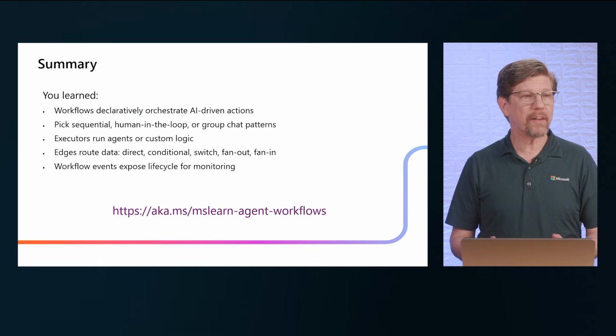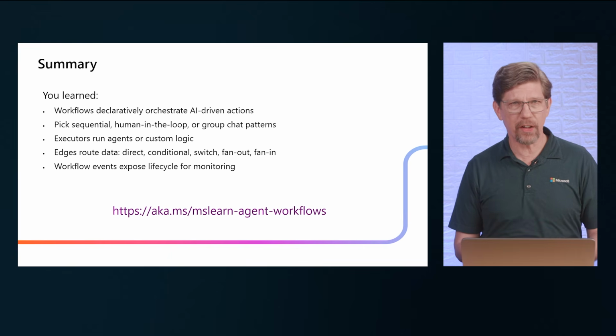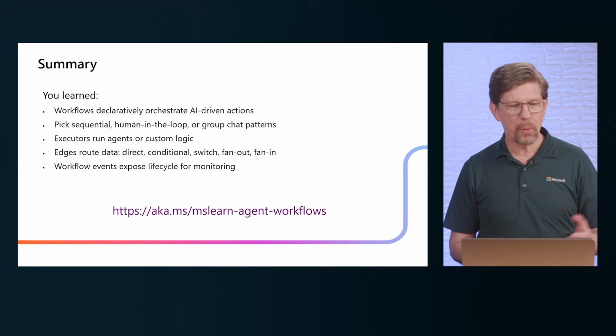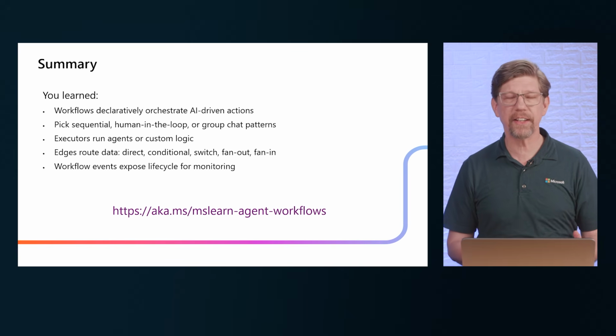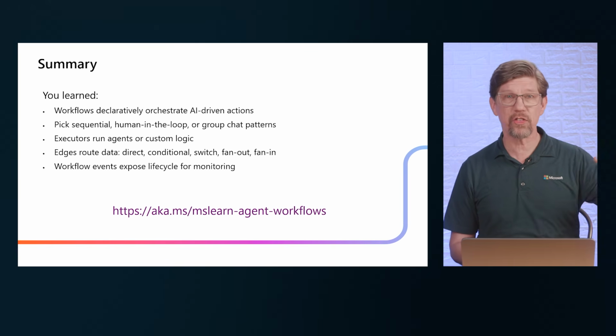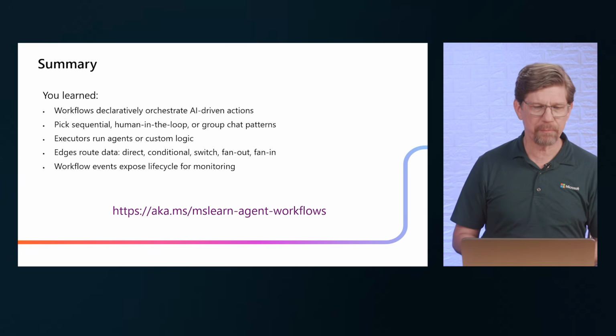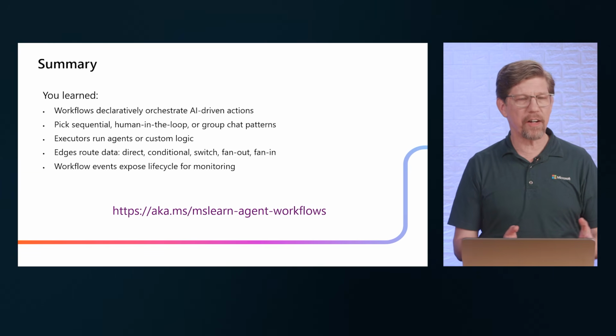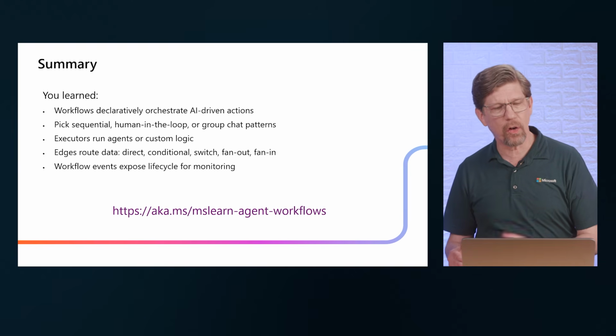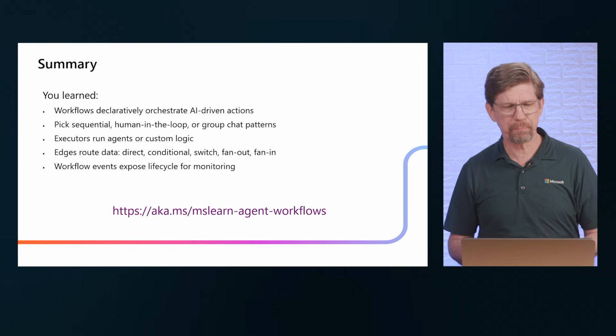So here we've had a brief introduction to the workflow system inside of Foundry. We've seen that they can be declaratively designed. We've got that UI surface that we can build over the top of it. We have options in terms of various workflows that might be involved, like sequential or human in the loop.